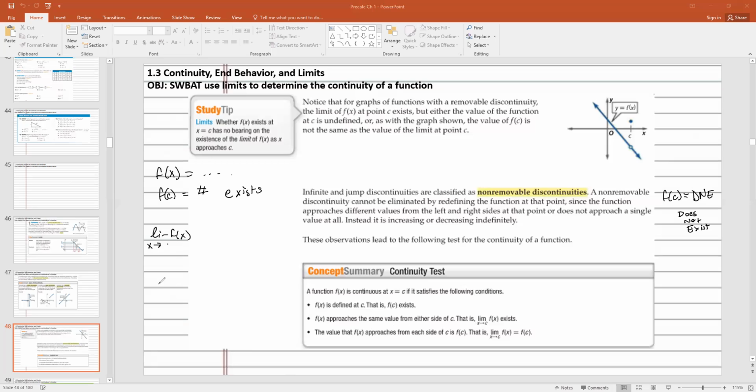So we need to check that f of c exists. We need to check the limit of f of x as x approaches c from the left, I'll put c negative, and the limit of f of x as x approaches c positive. Each equals a number.